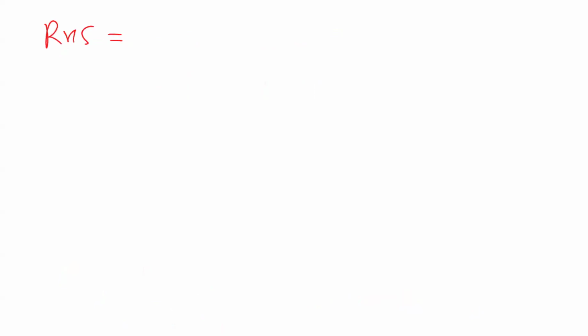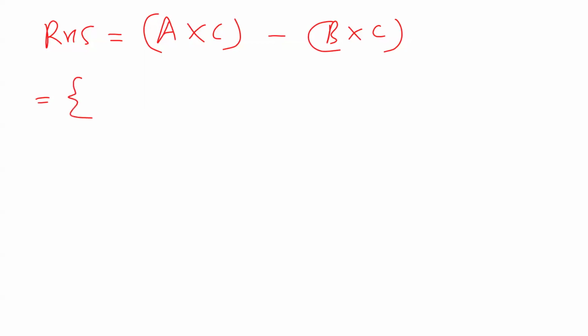RHS is equal to A cross C minus B cross C. Now A cross C is the Cartesian product of A and C. 1, 2, 1, 3, 1, 7. Then 4, 2, 4, 3, 4, 7.